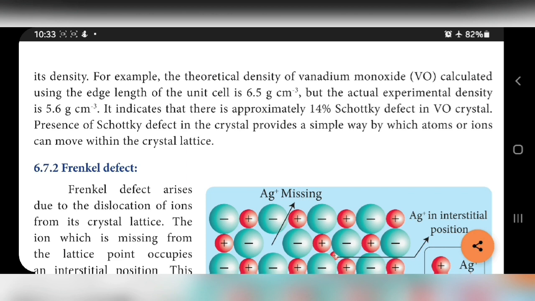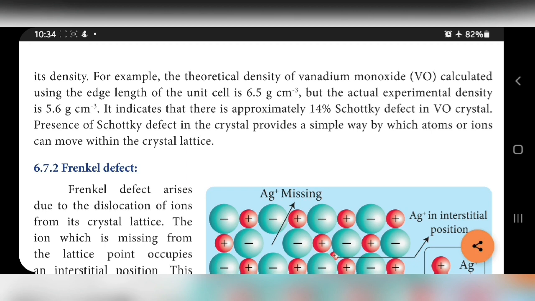One example is given to explain that if more Schottky defects are there in a crystal, it affects the density. See here, the example of vanadium monoxide: the expected density is 6.5 gram per centimeter cube, but the actual density is 5.6 gram per centimeter cube.